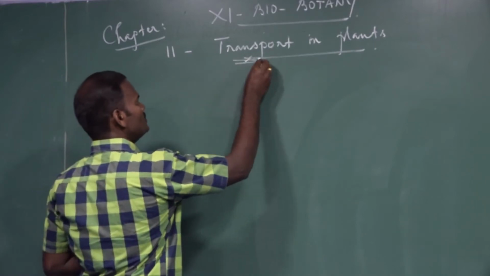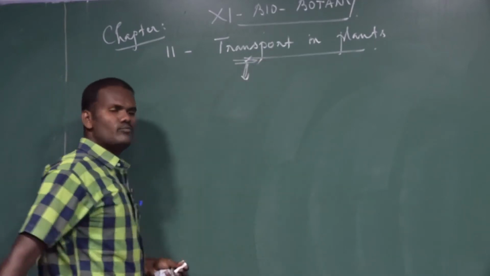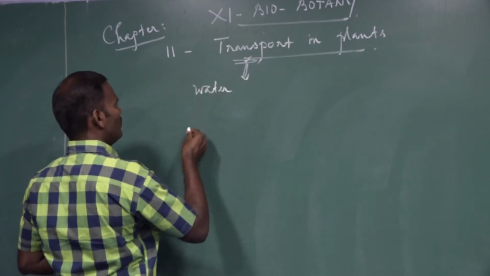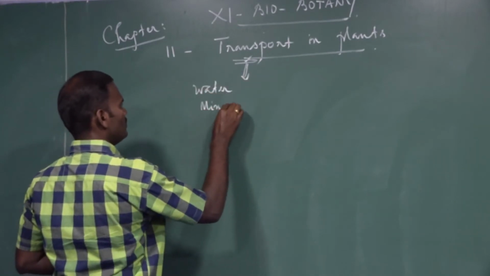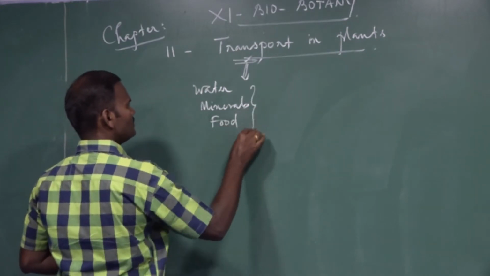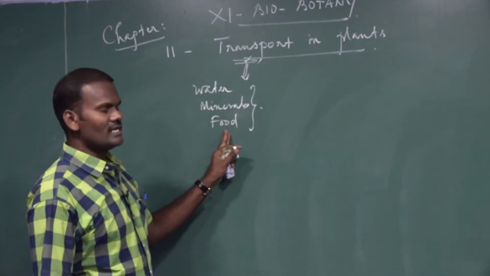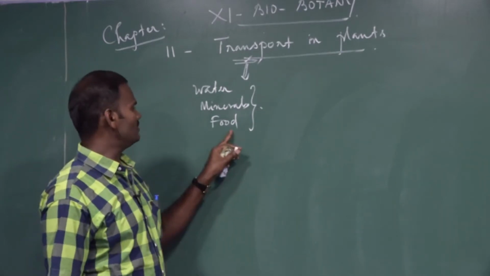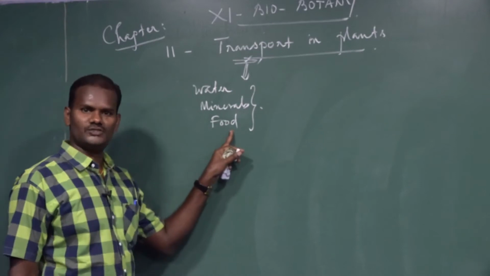See, transport is nothing but the movement of water molecules, water or minerals or food substances from one region to another part of the plant body. These are called translocation, also called transport.